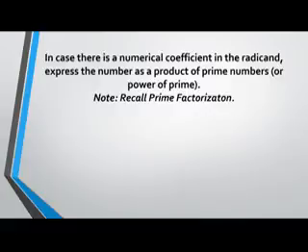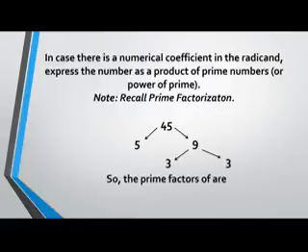For example, 45 has factors of 5 times 9, and 9 has factors of 3 times 3. So 45 has the prime factors of 3 times 3 times 5, or 3 squared times 5.